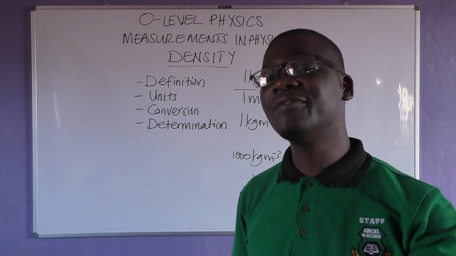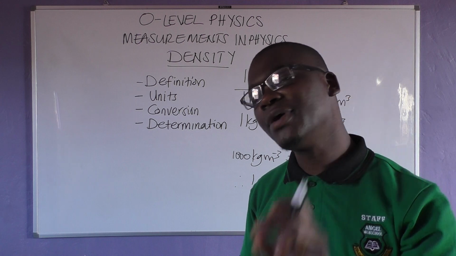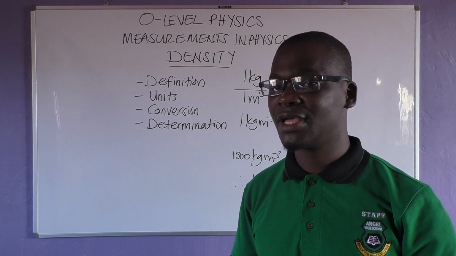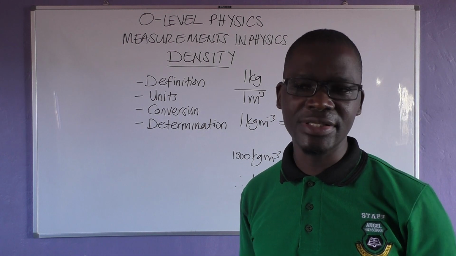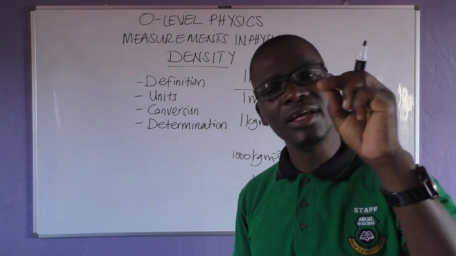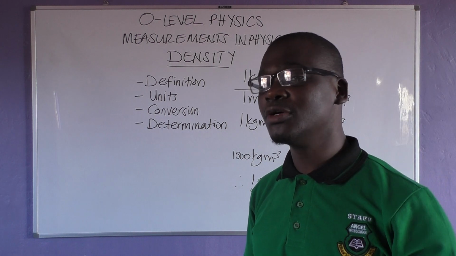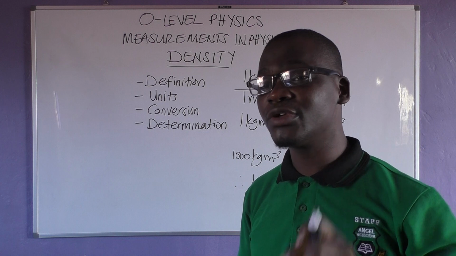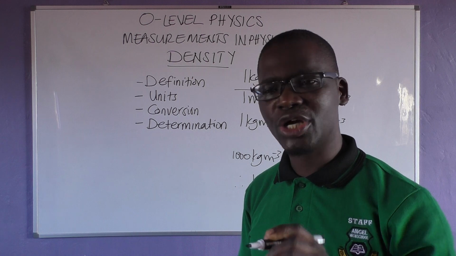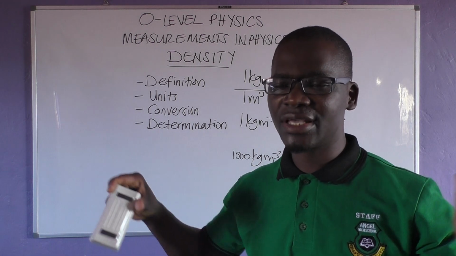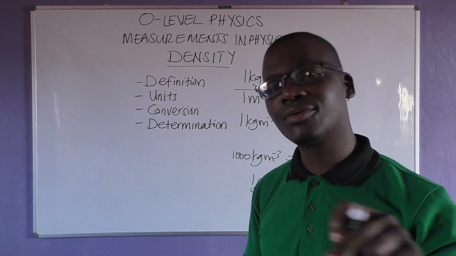Then we summarize with the factors that affect density. Density is affected by temperature, because when you heat a substance, it expands and its volume increases, which in turn decreases the density, because volume is inversely proportional to density, meaning that an increase in volume will reduce the density. Therefore, when you increase temperature, the substance expands, which increases the volume, but in turn decreases the density.